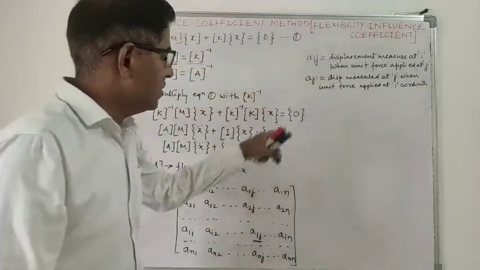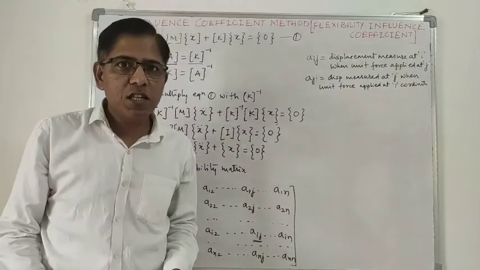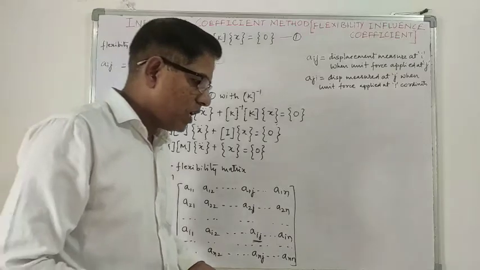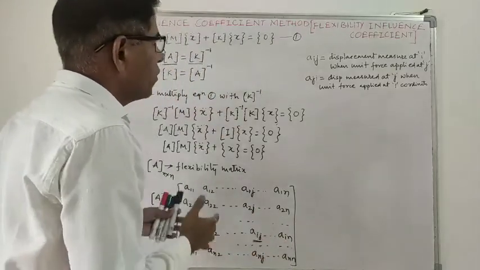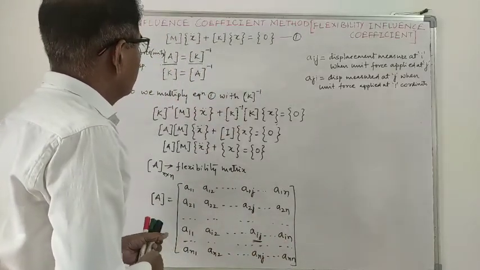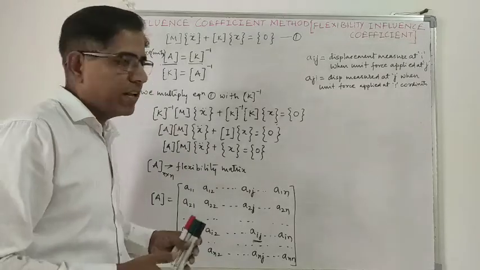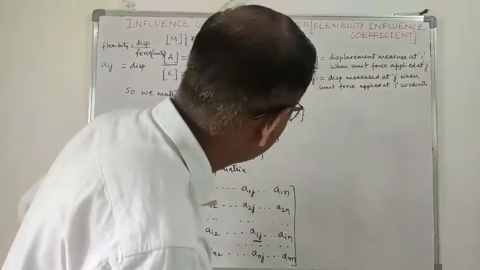So these coefficients are basically the displacement values. Now we try to find out how this flexibility matrix can be obtained by taking one example.